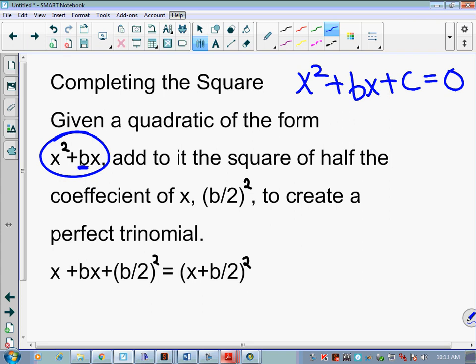We're going to take b, divide it by 2, and then square that quotient to create a perfect trinomial. So given x squared plus bx, we're going to take b divided by 2 squared, and plug it in right there. Okay? And in the end, we'll get x plus b over 2 squared.